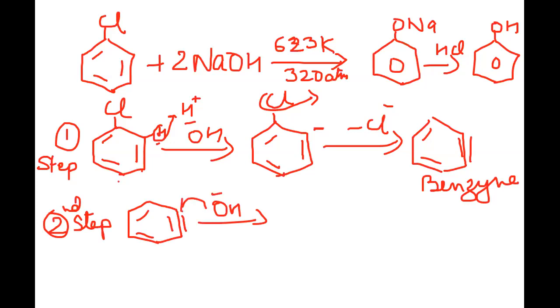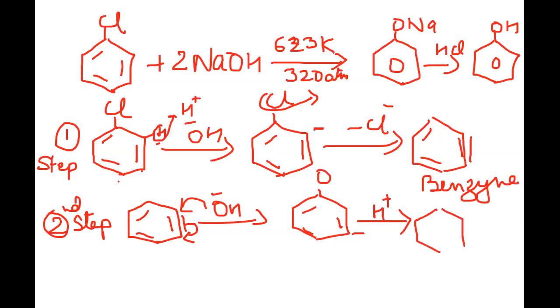So in the next step, what you will get is a formation of OH, and still there is a negative charge here because this electron has moved here. So there is a negative charge here, and this, in presence of an H plus, is going to be neutralized, and what you will get is a phenol. This H plus will be picked up by the oxygen.